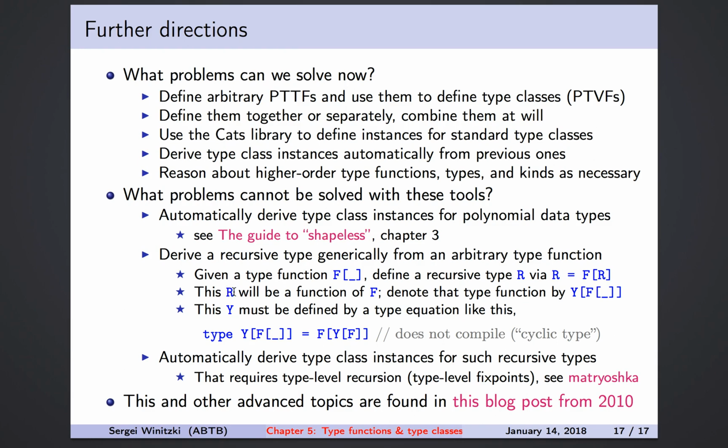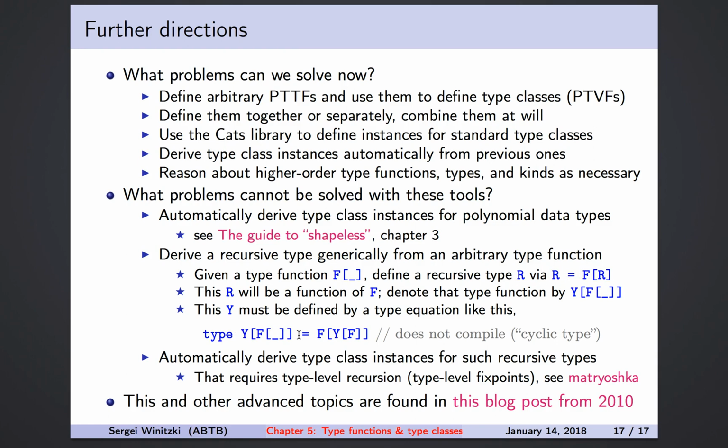So this fixed point is a function of f, and that function is usually denoted by y, the so-called y combinator. It takes an f, which is itself a function, and it returns its fixed point. So the y must be defined by a type equation of this sort. So y of f must be equal to, y of f is that r, which is equal to f of r.